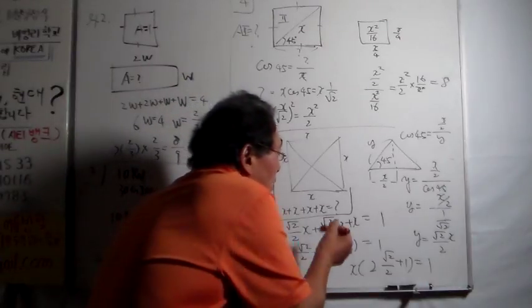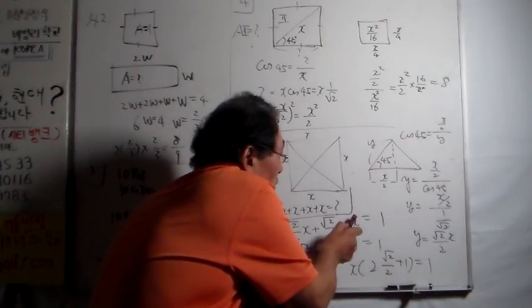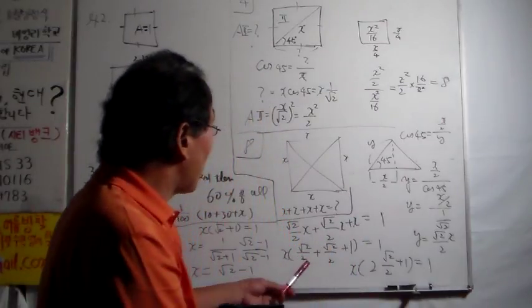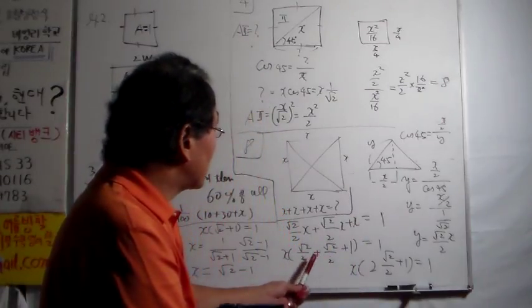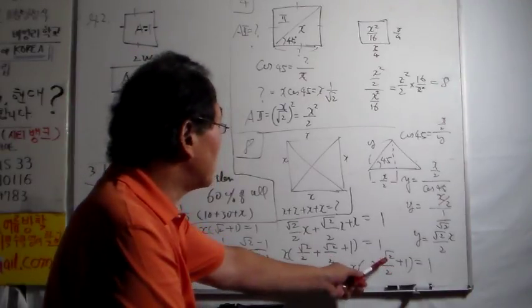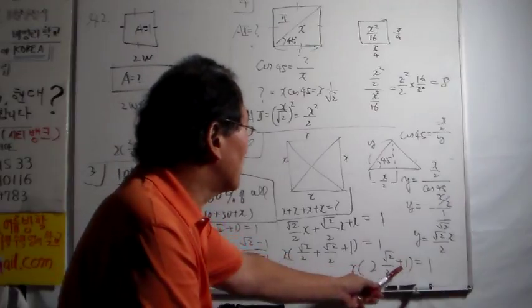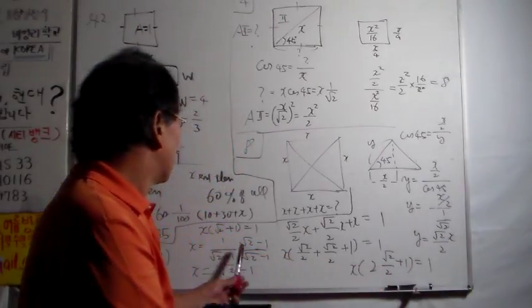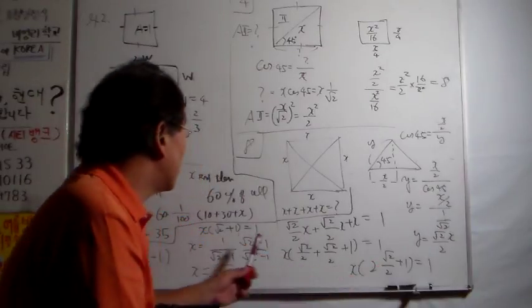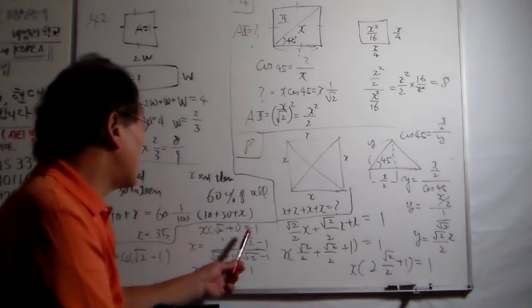Make sure there's an invisible 1 there. So this plus this is 2 times root 2 over 2, which cancels to root 2, plus 1. So x times (root 2 plus 1) is 1.